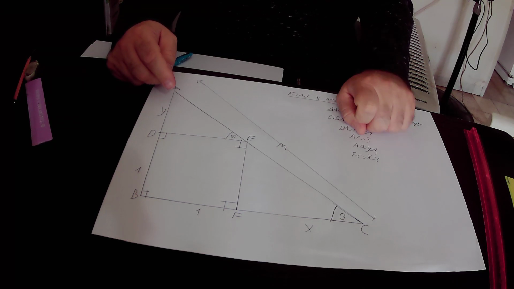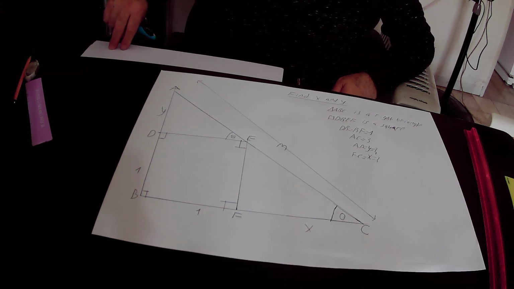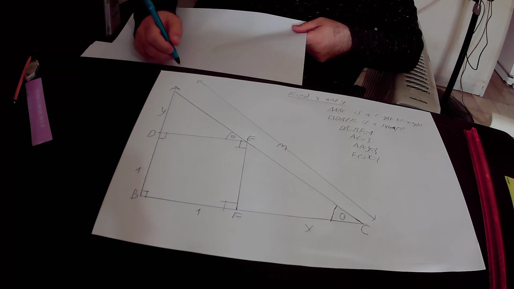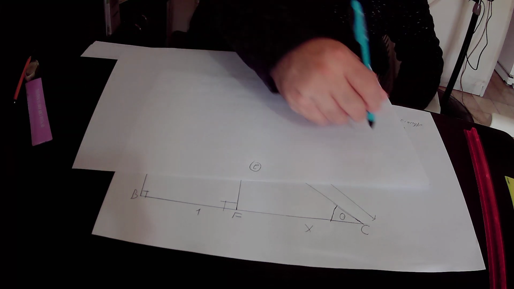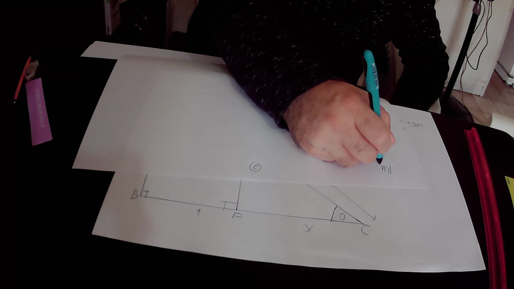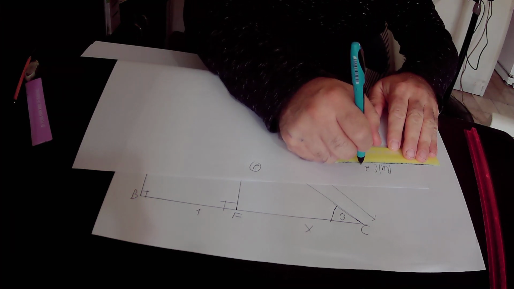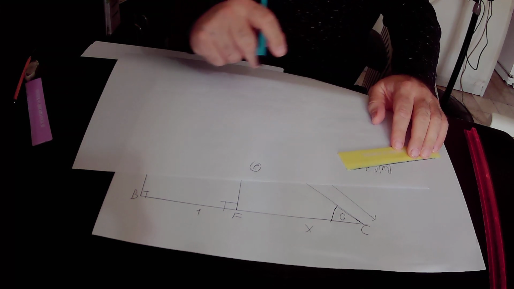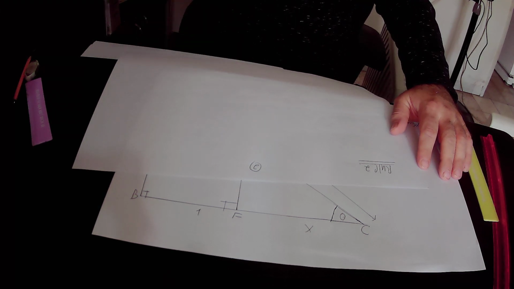Okay, so in the next step, I will present to you a new rule, rule number 2. According to rule number 2, the sum of the angles on one side of a straight line is equal to 180 degrees. I will write it down.